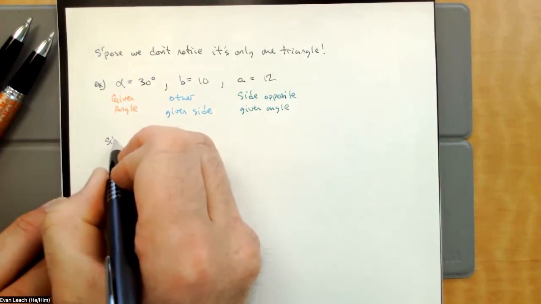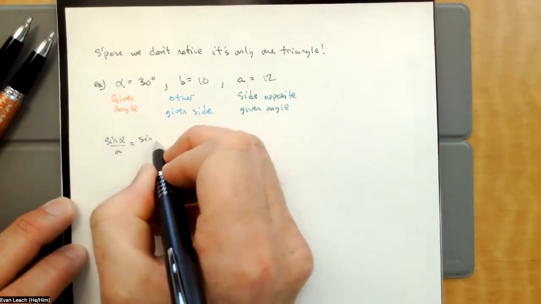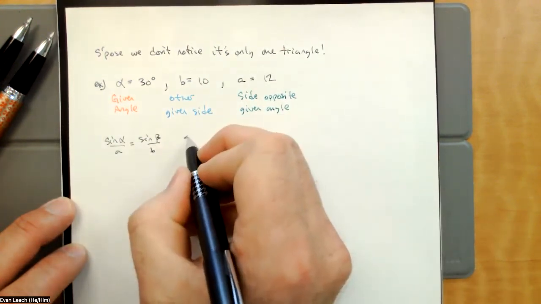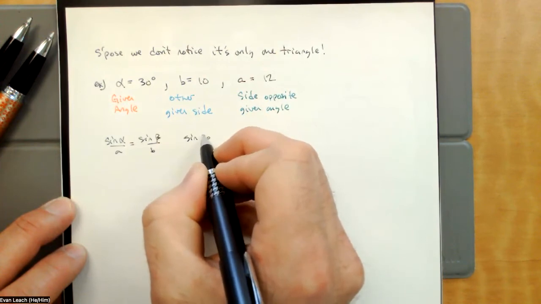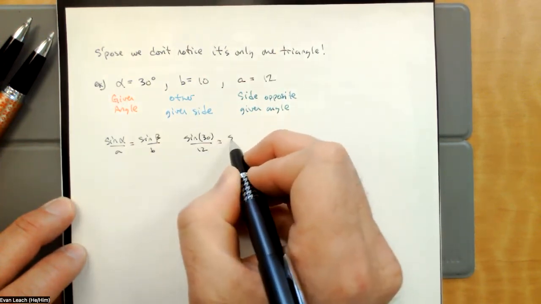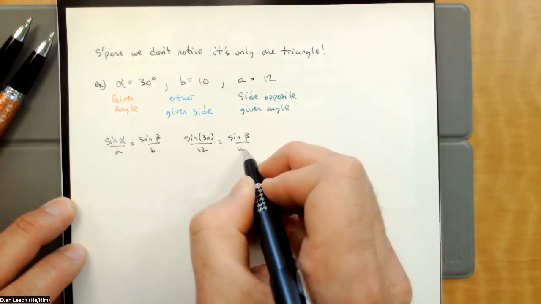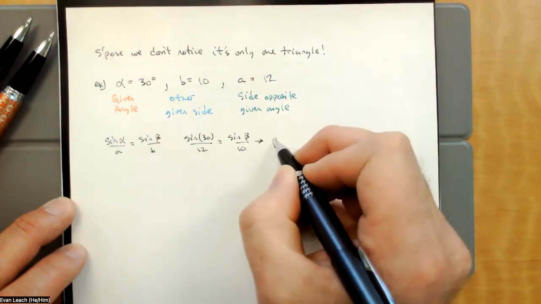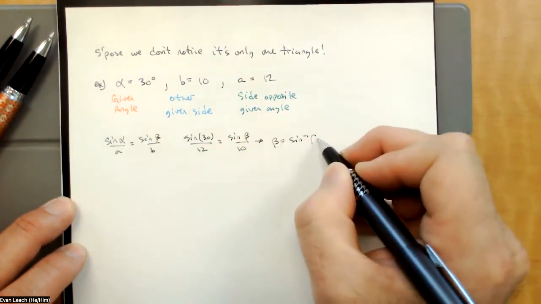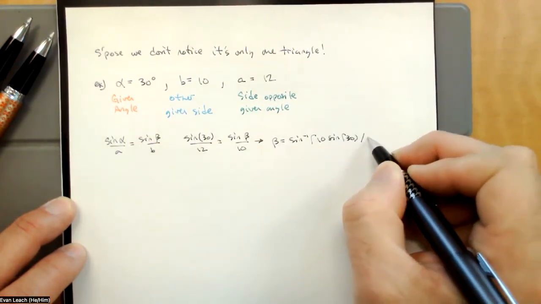So sine alpha over A is sine beta over B. So sine of 30 degrees over 12 is sine beta over 10. So beta is sine inverse of 10 sine 30 divided by 12.